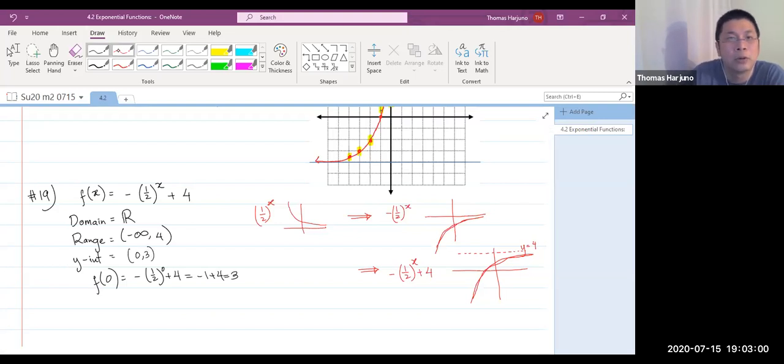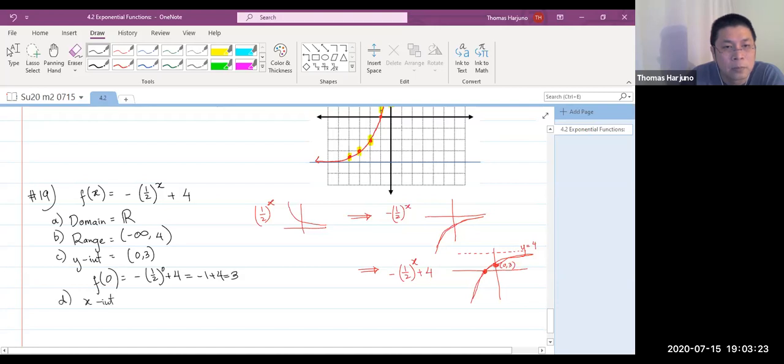So if you do this one here, this coordinate will be (0, 3). But how about the x-intercept? Part D is the x-intercept. Then I set the function to be 0 and solve for x.